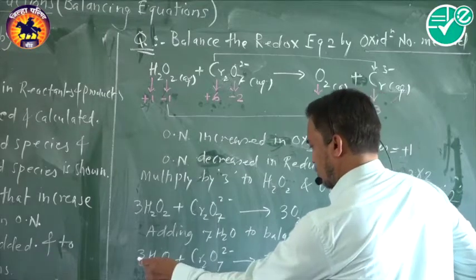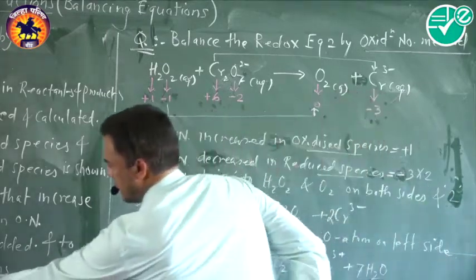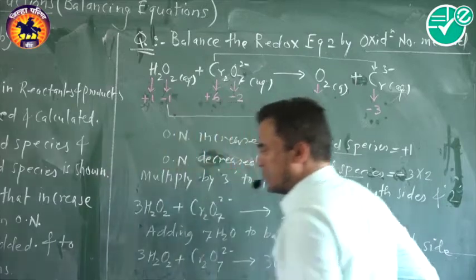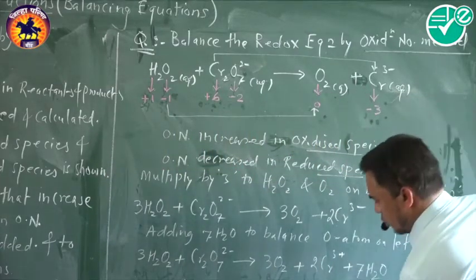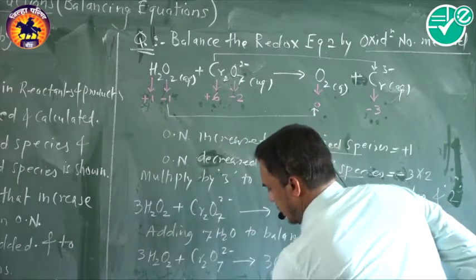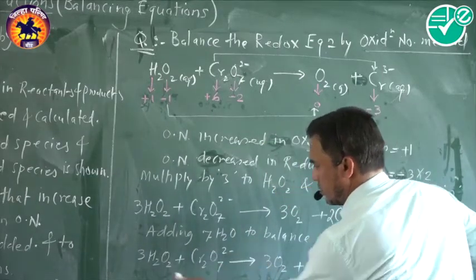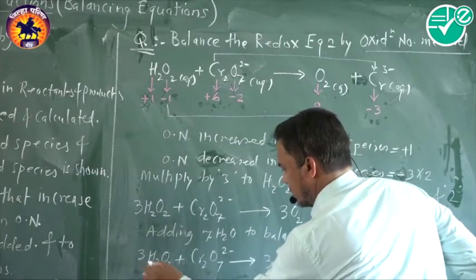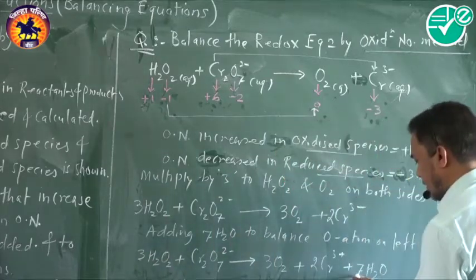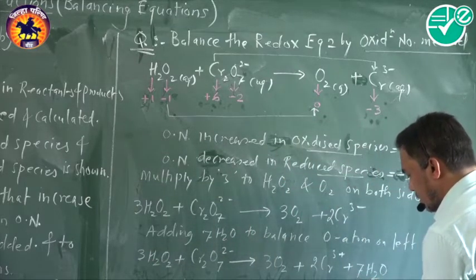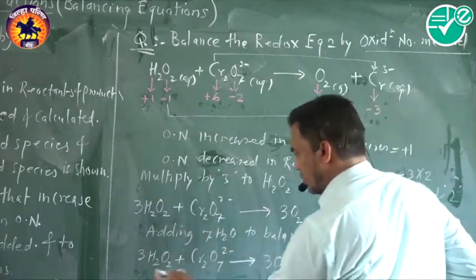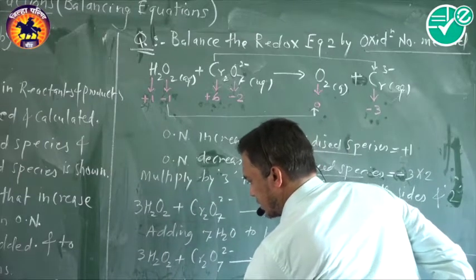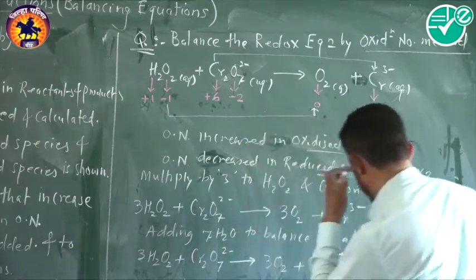Now what about the hydrogen? To balance the hydrogen we have to add H plus ion to the side where the hydrogen atoms are fewer. So here count, total hydrogen is 6 here, and here total hydrogen 14. That means here 8 hydrogen is more, so we have to add 8 hydrogen to the right hand side, left hand side, is it?